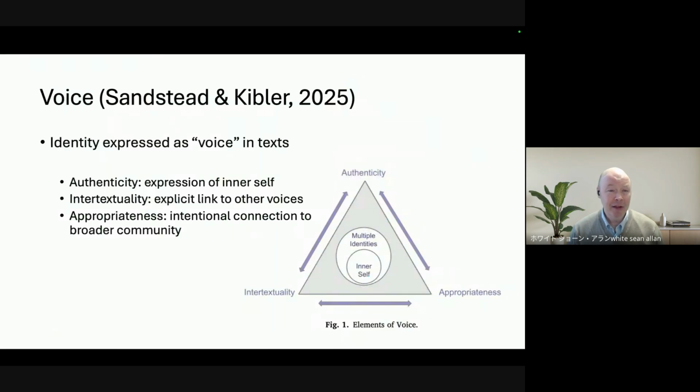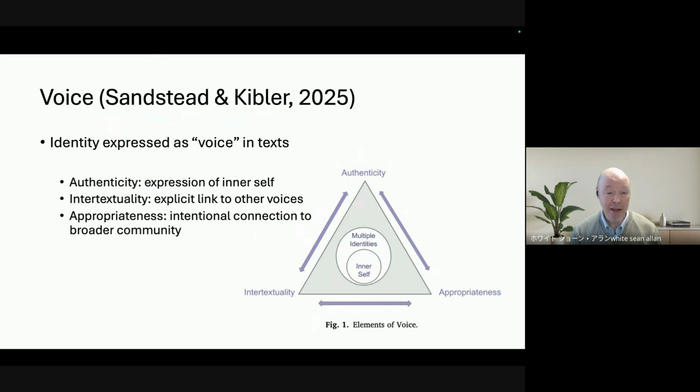One paper by Sansed and Stid Kibler from this year focuses on the question of voice, that is, identity expressed as voice in text. It focuses primarily on writing, but I think it can be applied to other communicative contexts. They discuss writing, second language writing, and writing in general in terms of three elements: authenticity, intertextuality, and appropriateness.